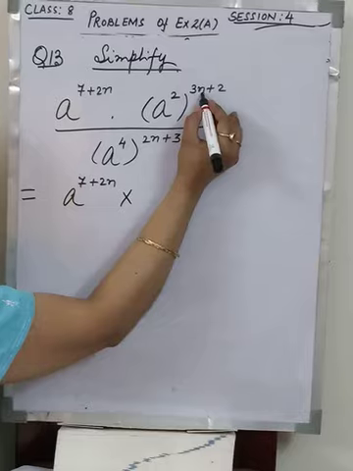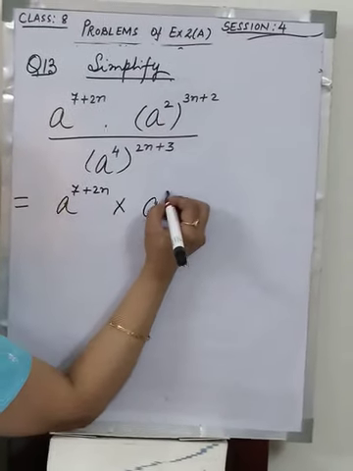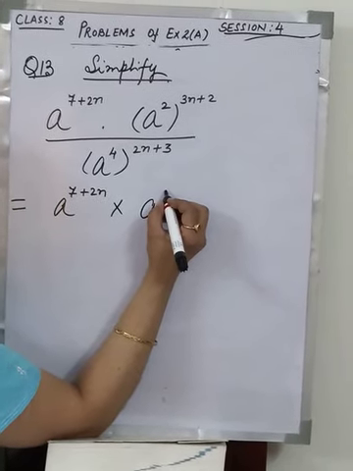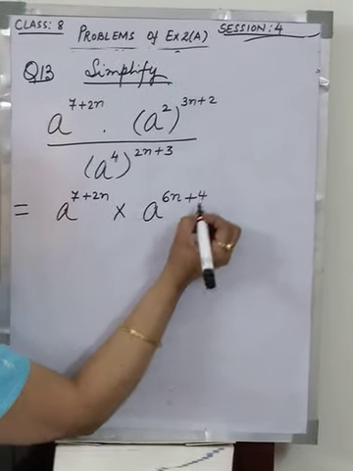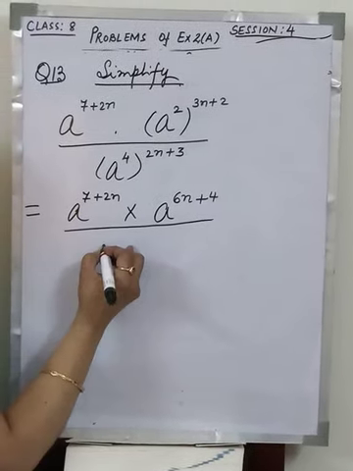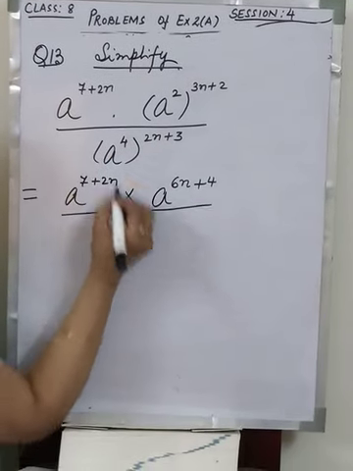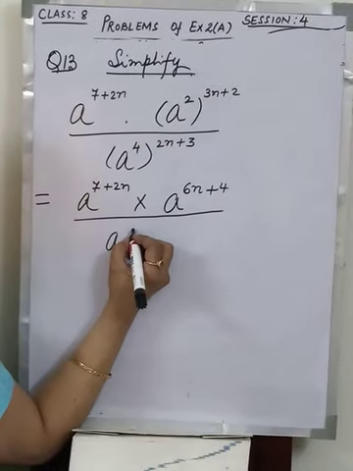Now power on power, power gets multiplied. That means 2 is multiplied with 3n and with 2 also. So it becomes 2 3s are 6, 6n and 2 2s are 4. What do we get in the denominator? A to the power 4 whole to the power 2n plus 3, that means 4 is multiplied with the 2n as well as with the 3.